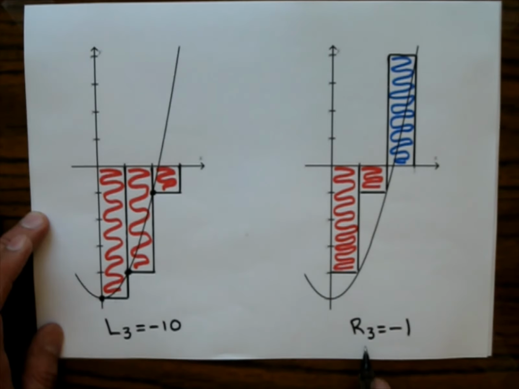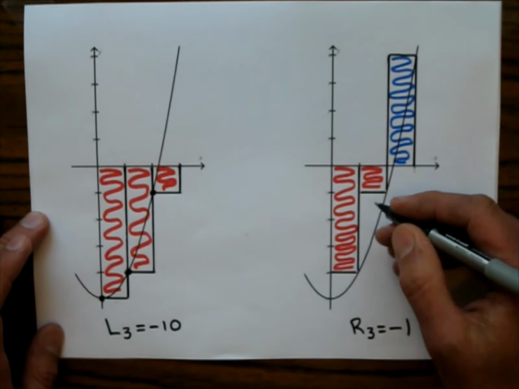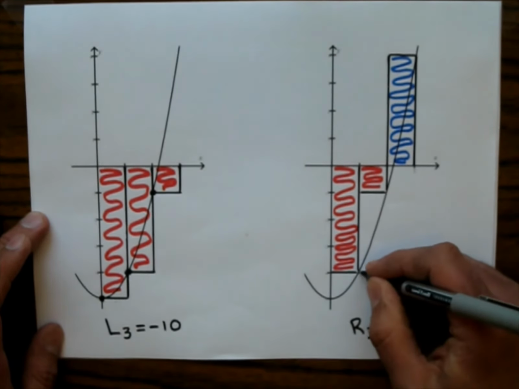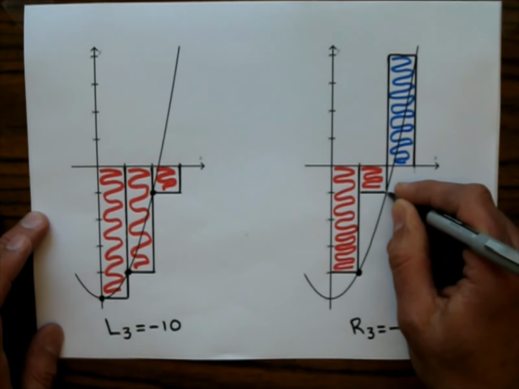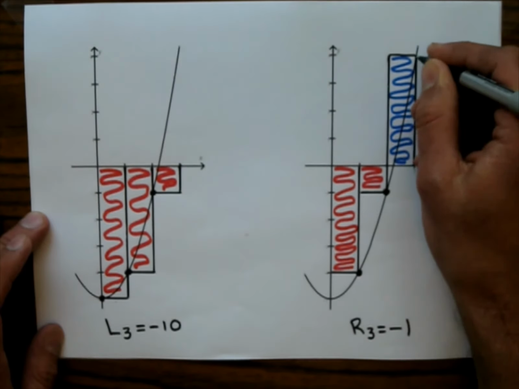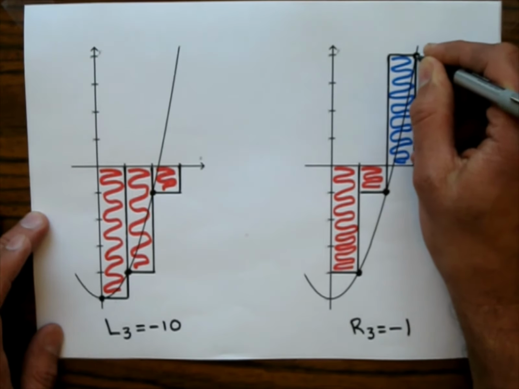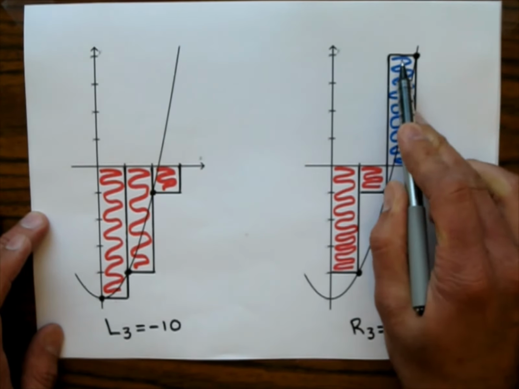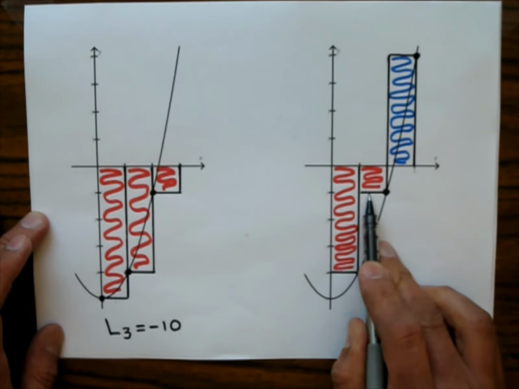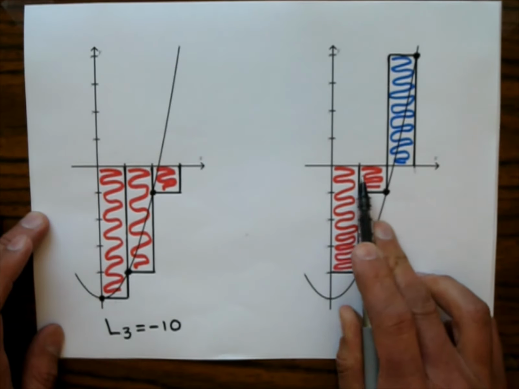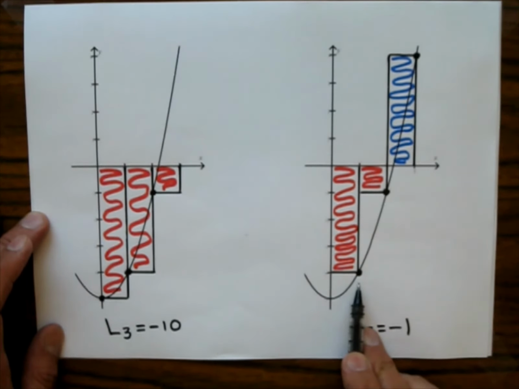Now if you use right endpoints, so I partition this up into 3, I have a dot right here. And you won't be doing this in 5.2. Dot right here. But this dot right here gives me the altitude of this blue rectangle. This dot right here gives me the altitude of this middle rectangle, which is negative, and same with this.